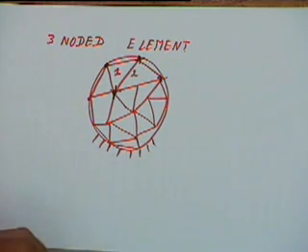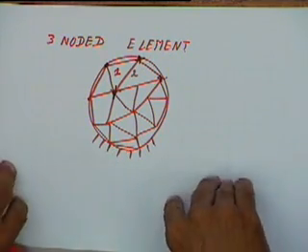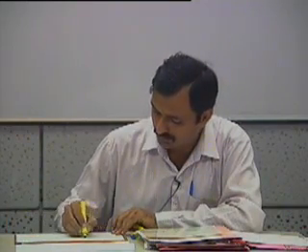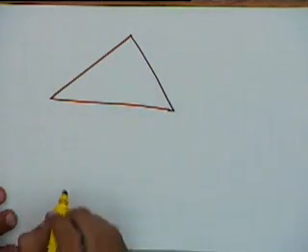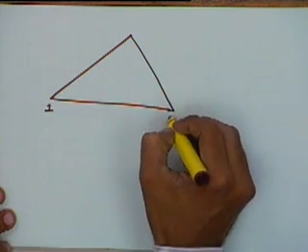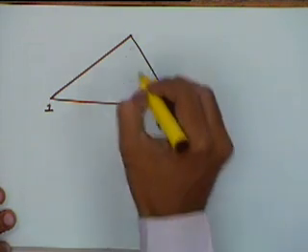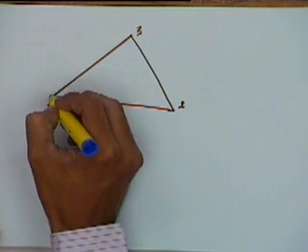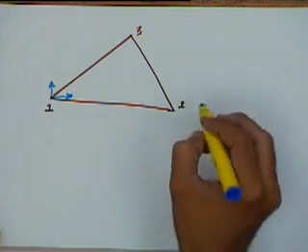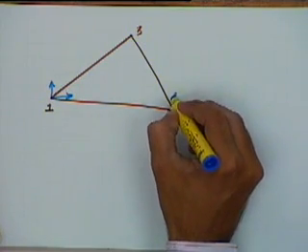Okay, so if we just consider one element, there are 3 nodes of the element, and for these 3 nodes we will define deformation in the 2 directions as these 2 vectors.